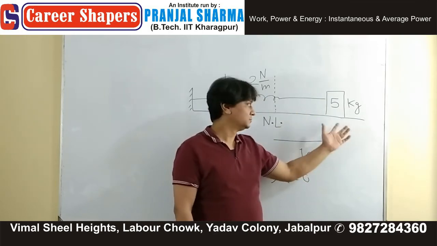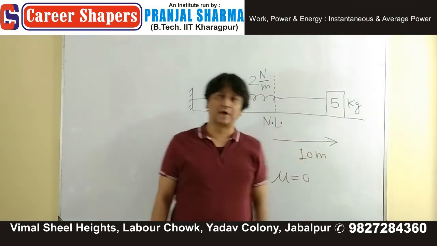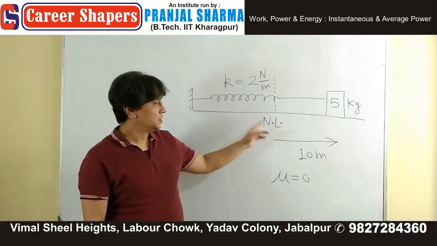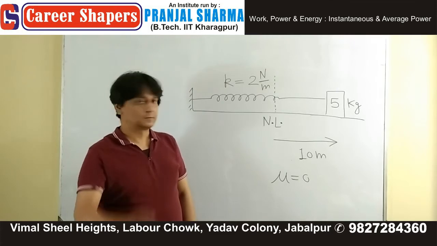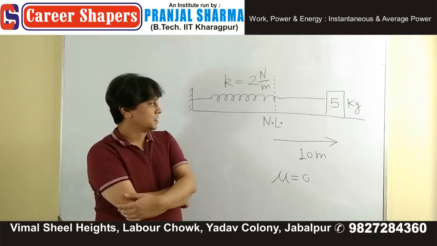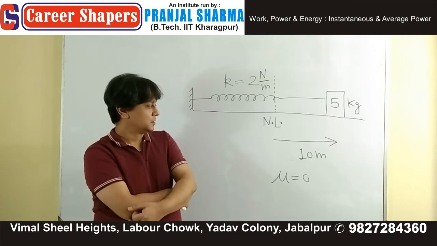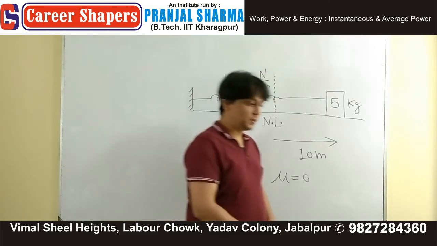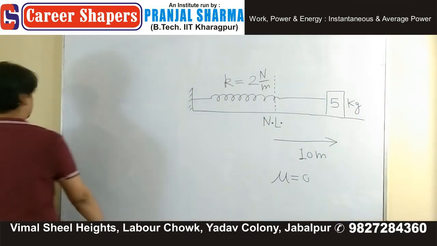You must understand this much: pulled, released, it will return immediately. The question is, find out instantaneous power when it passes from this natural length position. Write down the question. A block of 5 kg is pulled 10 meters from the natural length as shown in the figure.